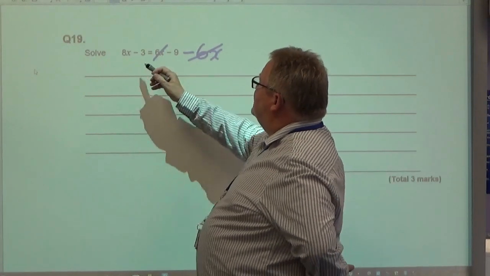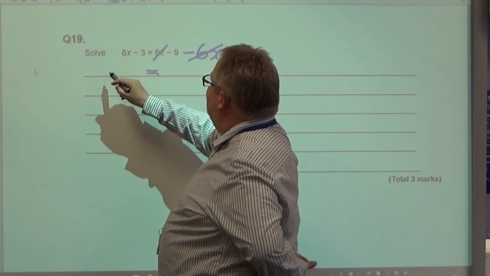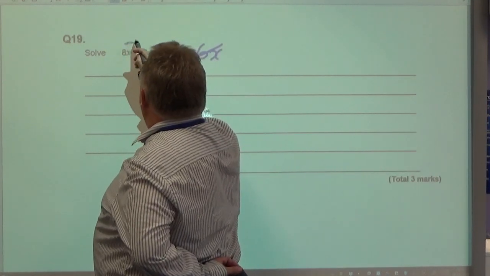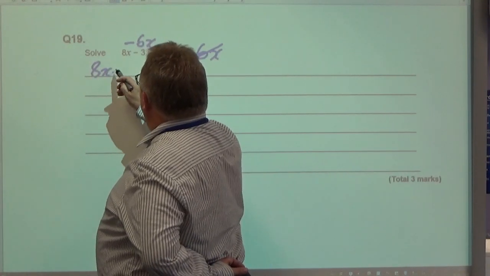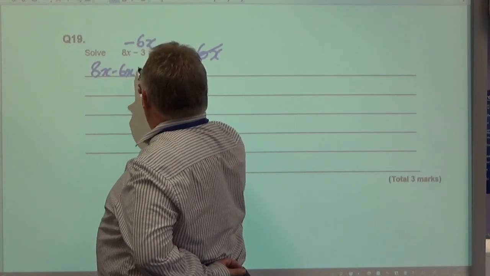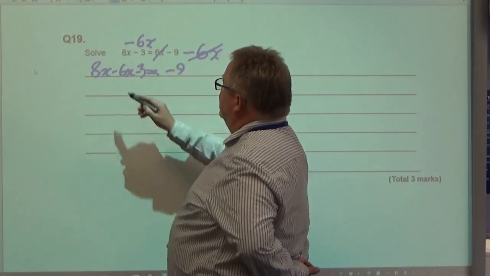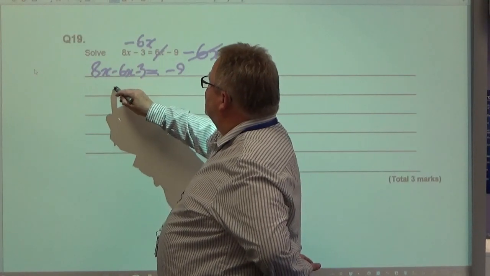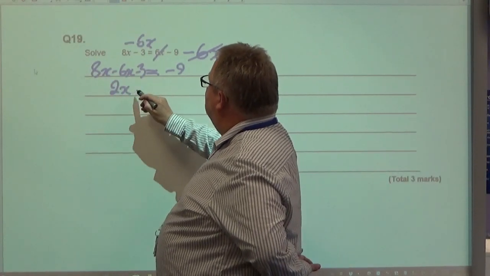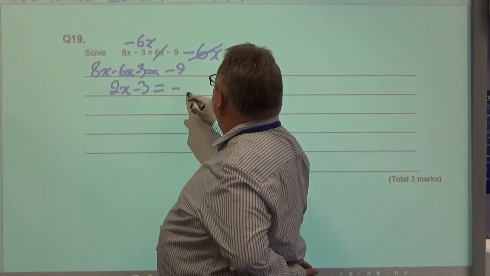And then if I do minus 6x from this side as well, then what we've actually got is 8x minus 6x minus 3 equals minus 9. So if we simplify that, 8x minus 6x gives us 2x. 2x minus 3 equals minus 9.